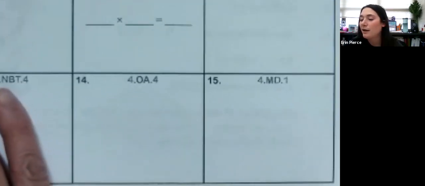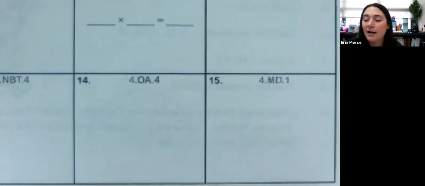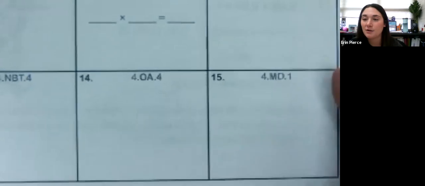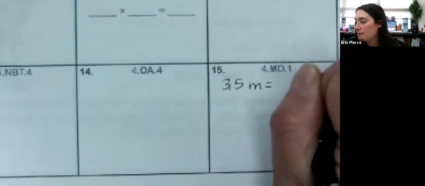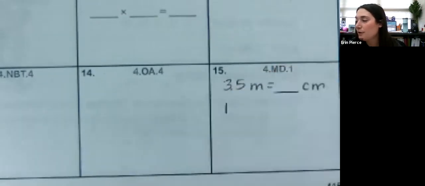Tom's dart hit the target's red bullseye from 3.5 meters away. How many centimeters away was Tom? So 3.5 meters equals how many centimeters? First of all, how many centimeters are in 1 meter?